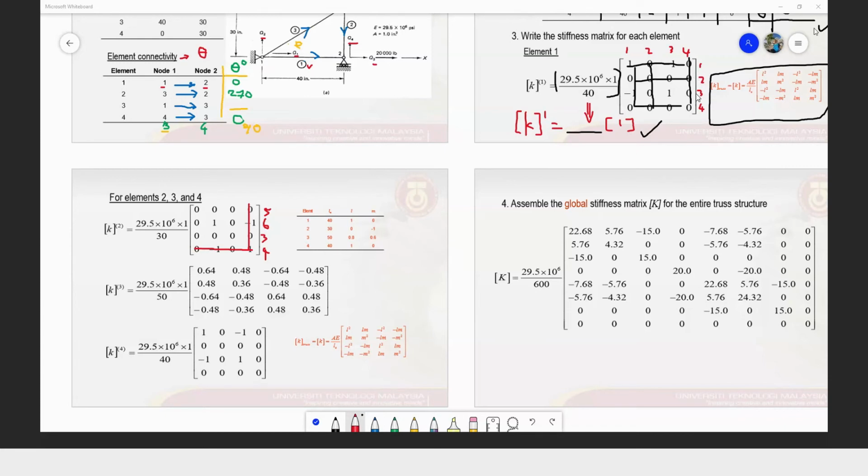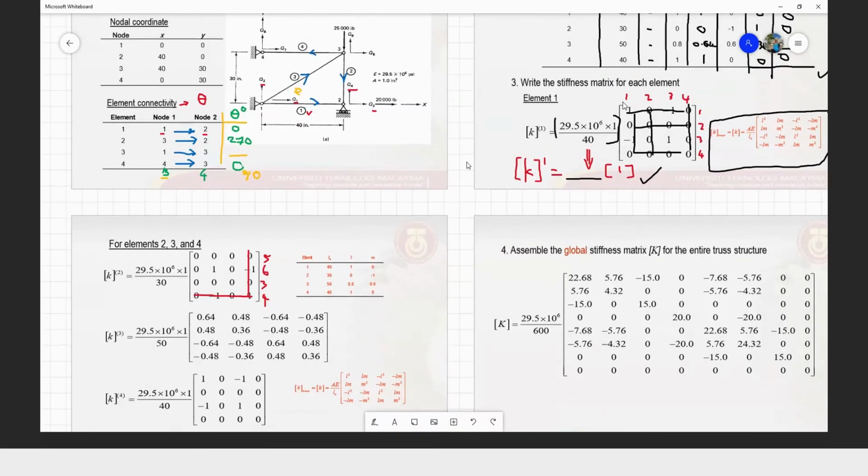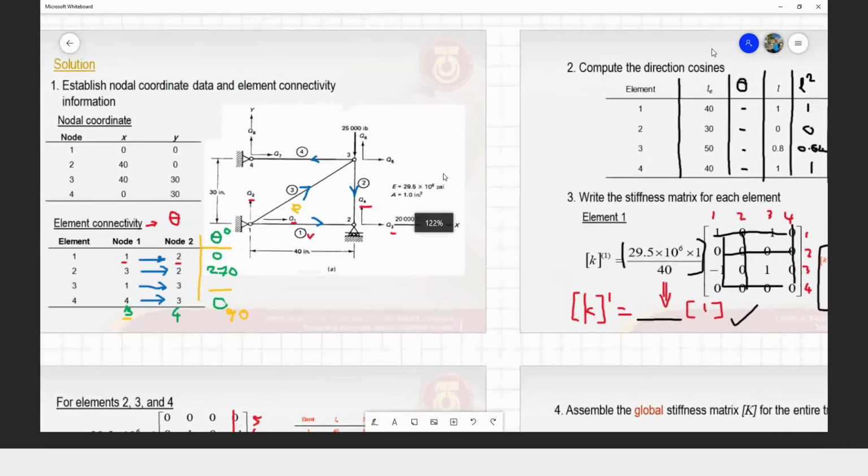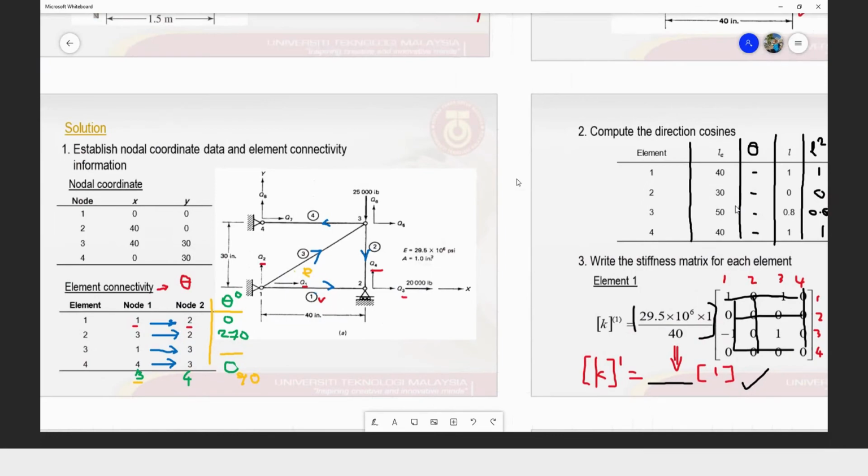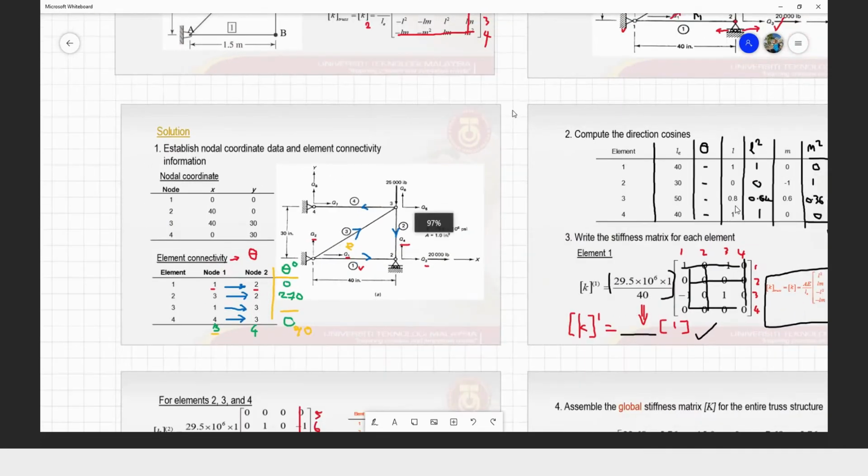Lepas tu untuk elemen number 3. What happened to our element number 3, in terms of the K matrix? Sorry.